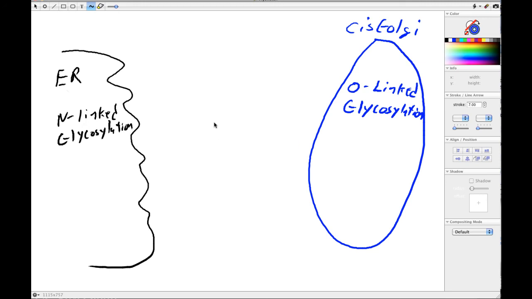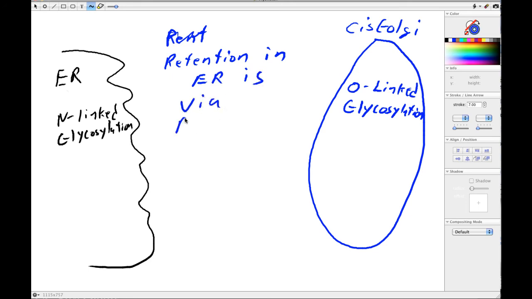But the fact that retention in the ER is via recycling means there's a leak.